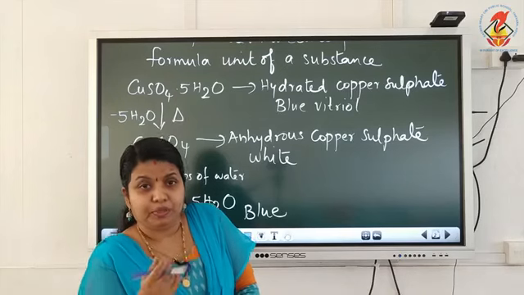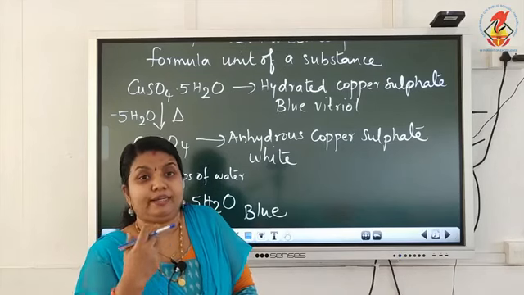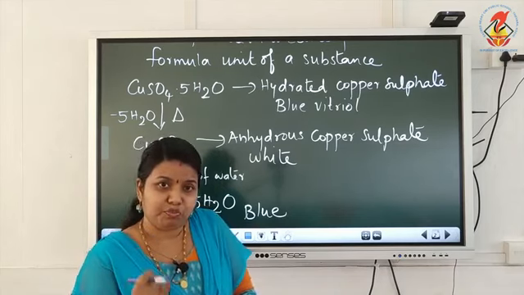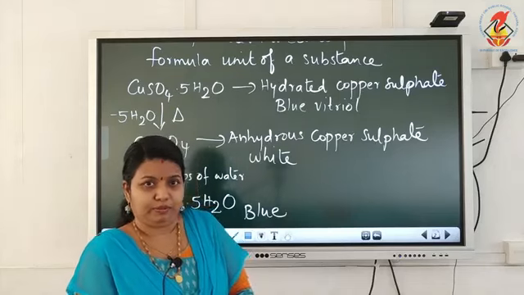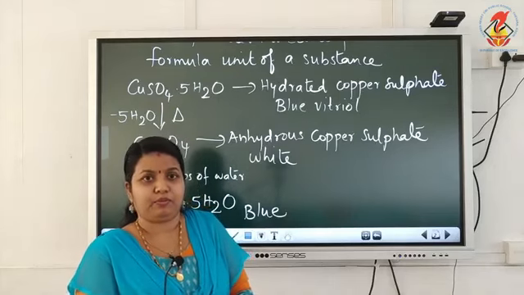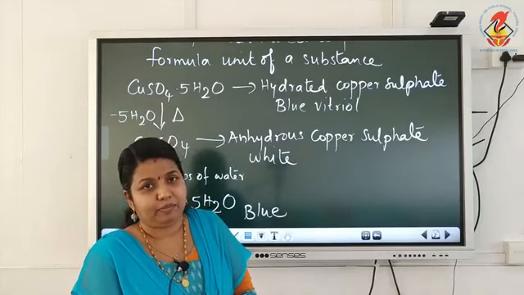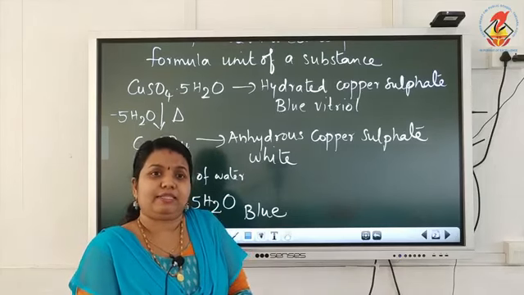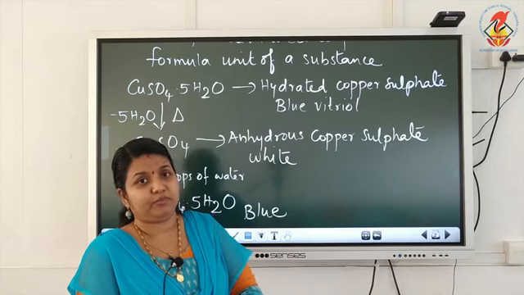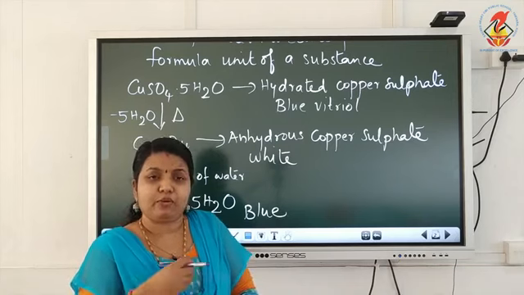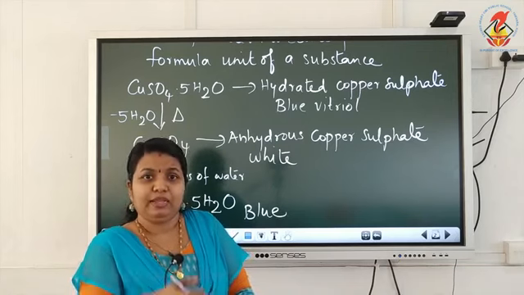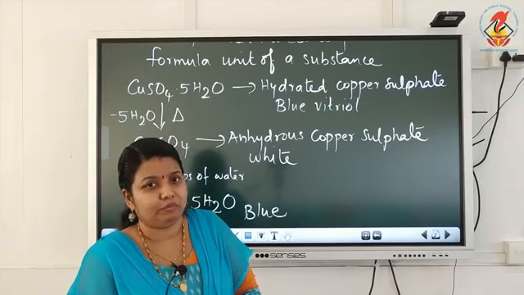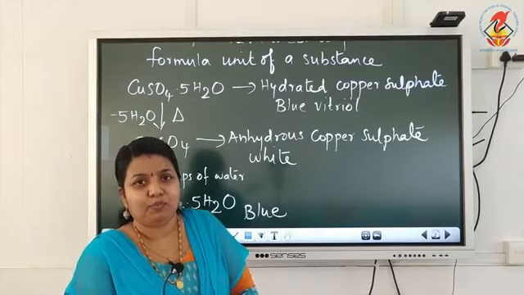What is hydrated copper sulfate? CuSO4·5H2O. Its color is blue, so we call it blue vitriol. Due to the presence of 5 molecules of water, it is blue in color. But upon heating, the 5 water molecules are removed from it and it changes to anhydrous copper sulfate, which is white in color. But when you moisten it with a few drops of water, it regains its water of crystallization and the color appears blue again.